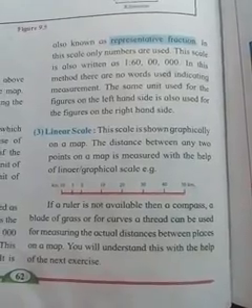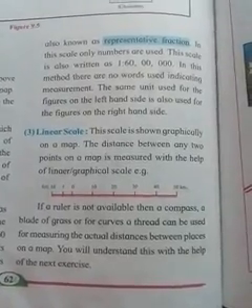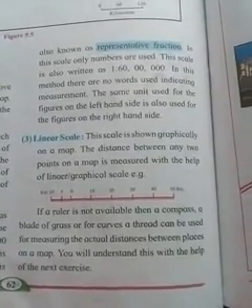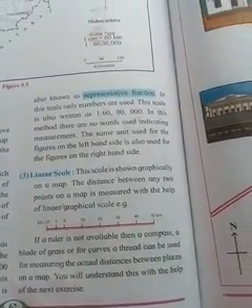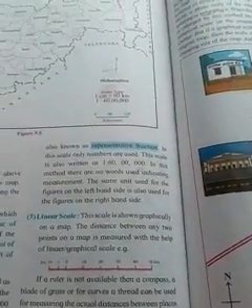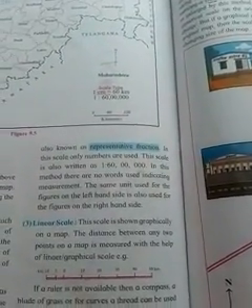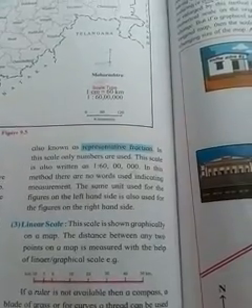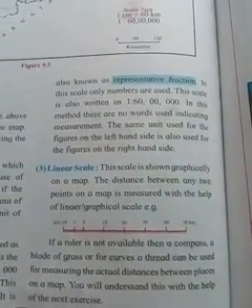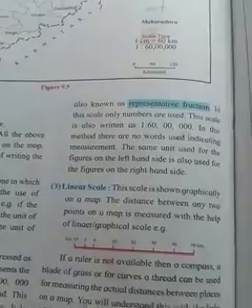The distance between any 2 points on the map is measured with the help of the linear or graphical scale. That means in this scale, the scale is shown graphically on the map. Here a graph is used, and the distance between any 2 points on the map is measured with the help of the linear or graphical scale.